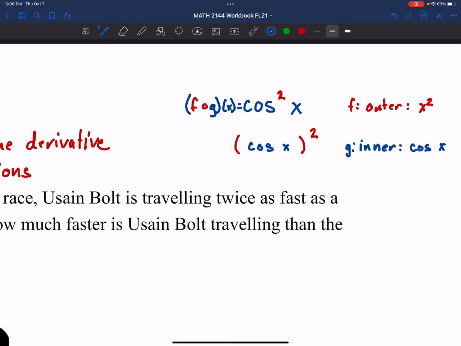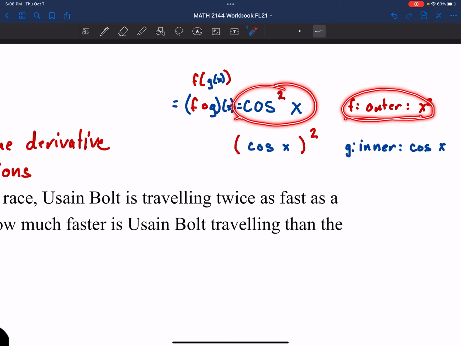Or you could think about this equivalently as f as the outer function, and then inside of f we have plugged in g. All of these are equivalent in terms of their notation, but we're going to have to get comfortable with decomposing some function into its outer function and inner function. So that's the prerequisite skill for this section.